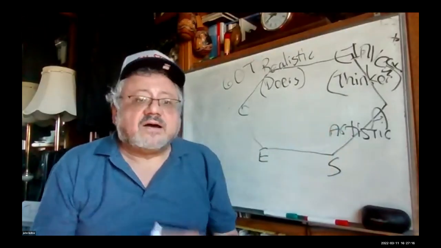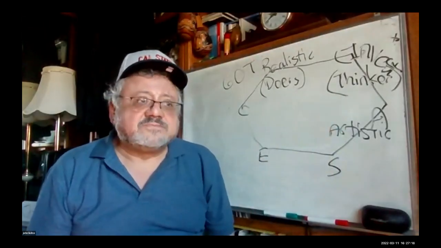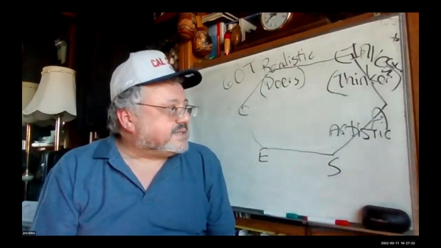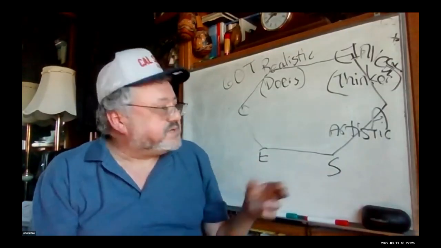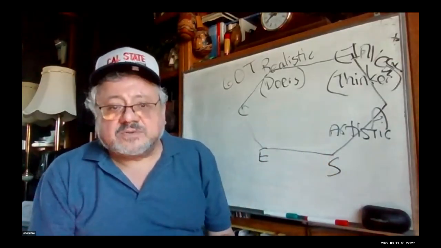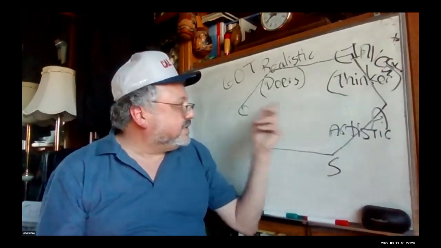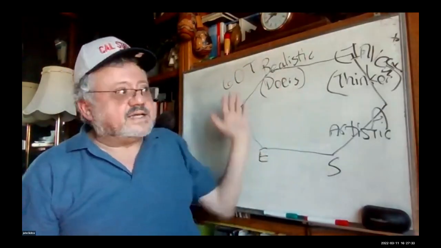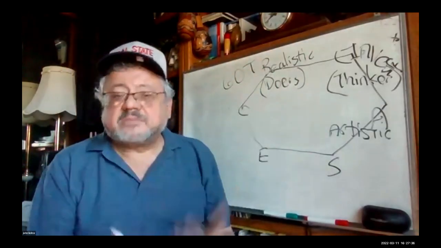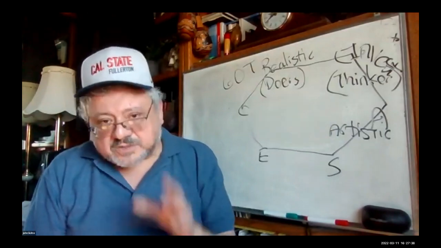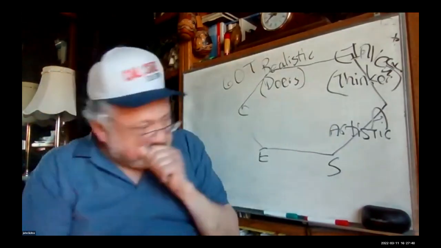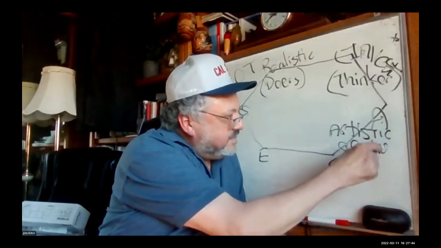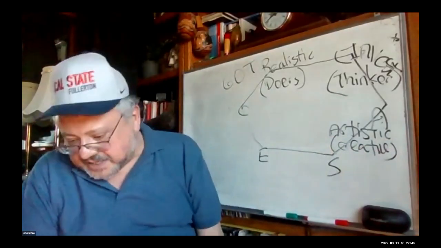So if they are not able to get a record contract or maybe a premier gallery showing or something of that nature, and they need to work, they often go to opposing or related corners of the hexagon that demonstrate other preferred work environments. And we'll talk about that in a second. Artistic types are also known as creative types, obviously, because they like to create.